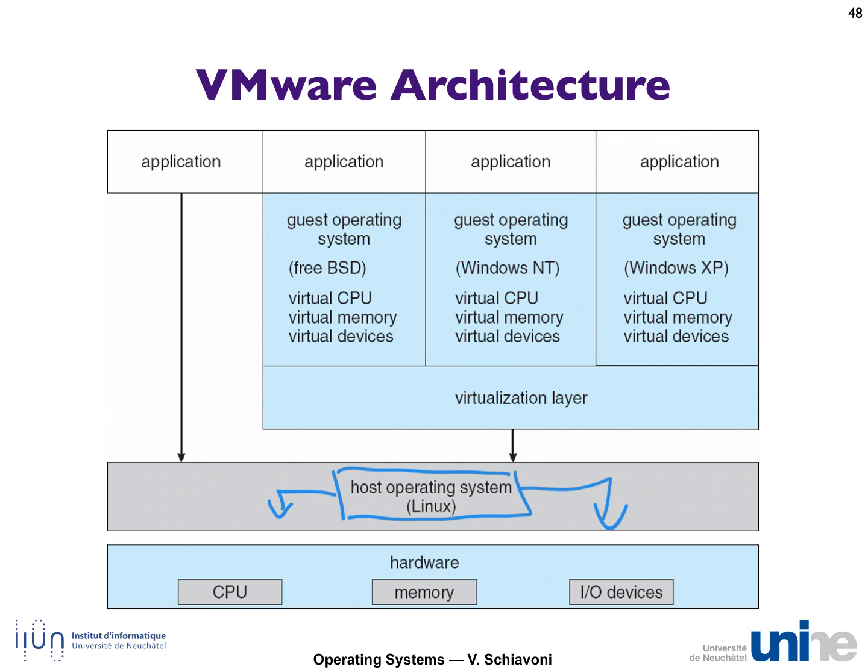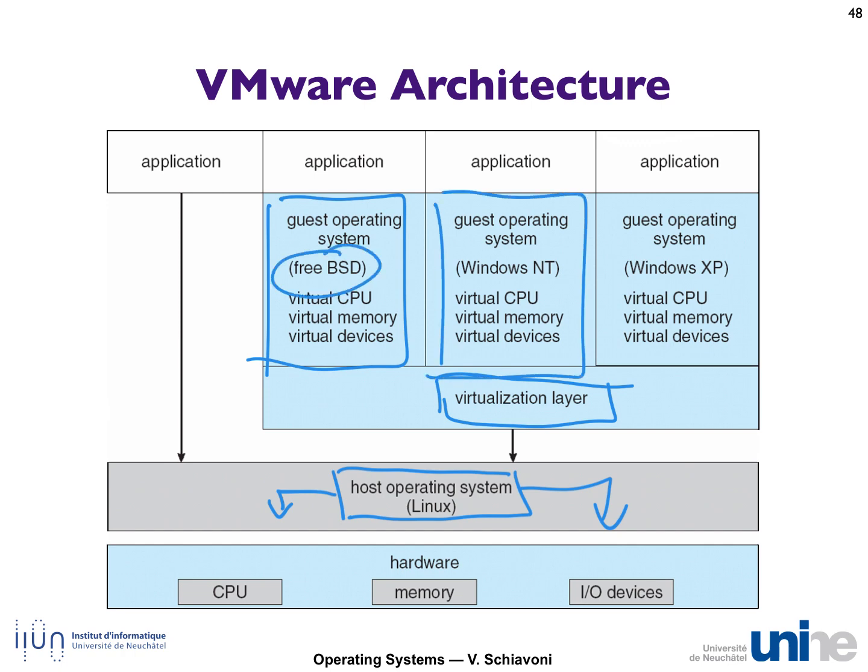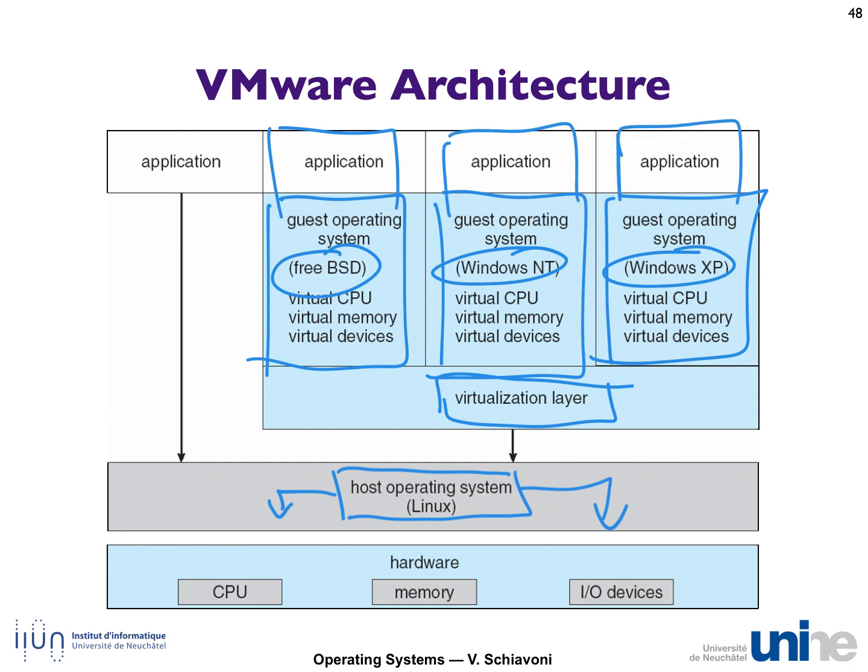Above this, you have a virtualization layer, which is provided by VMware, on top of which you are running 3 different VMs. One of them is running BSD, another one is running Windows NT, for instance, an old version of Windows. And inside each of them, they have their own set of applications or maybe even one.